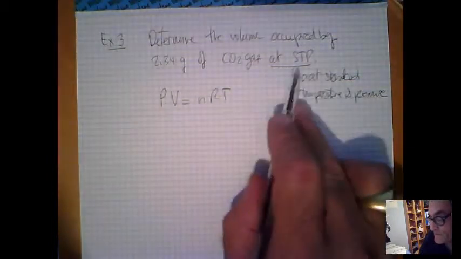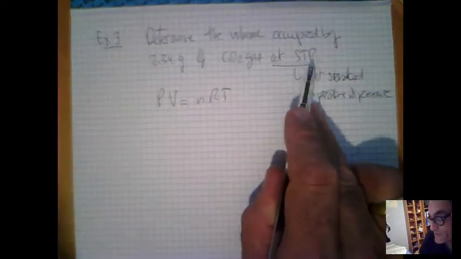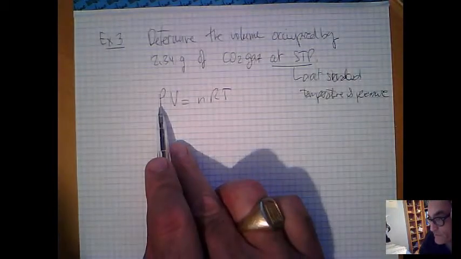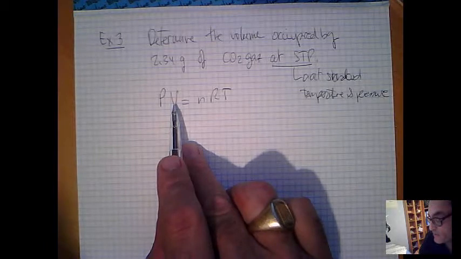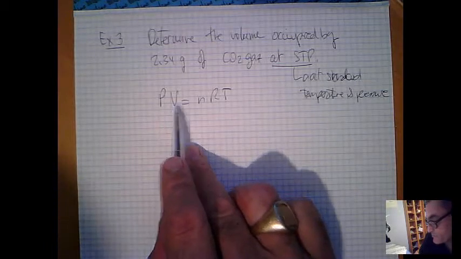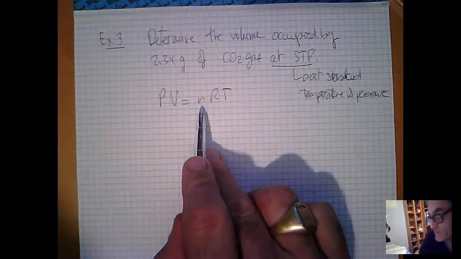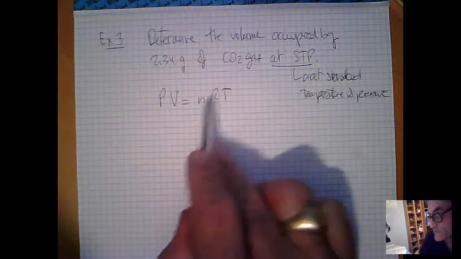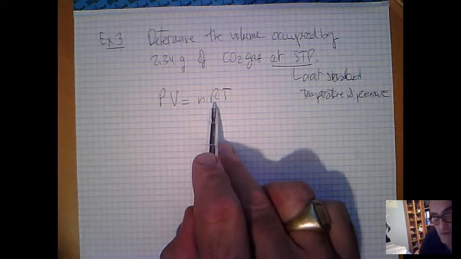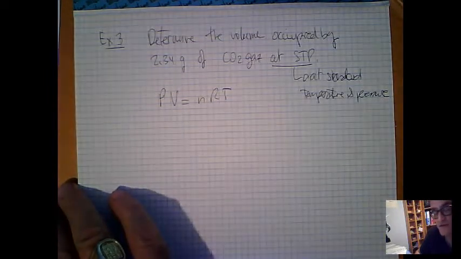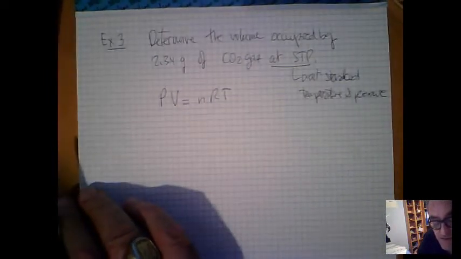You are at standard temperature and pressure, so you know the pressure, it's 1 atmosphere. The volume, this is what you have to compute. n is the number of moles, so you have to determine the molar mass of CO2 and decide how many moles we have. R is a constant, it's worth, now wait, because I have to see in which units that is.